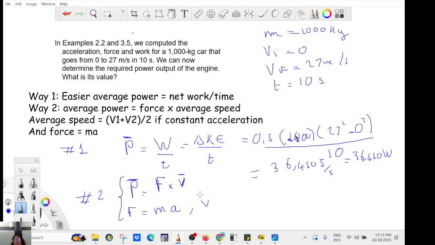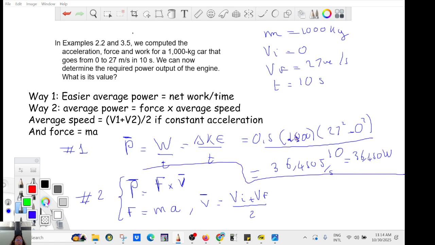And remember that there is this definition for average speed, which was the initial speed plus the final speed divided by 2, because the speed increases at a constant rate. So we just take the midpoint. Okay, so you're just plugging in.